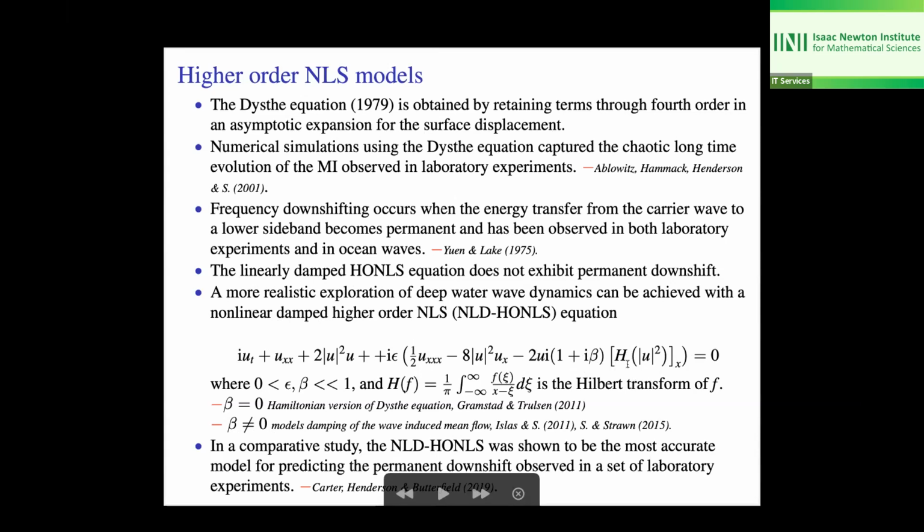And the important takeaway was that from the numerical experiments, we were able to show that nonlinear damping does allow for frequency downshifting. And in later studies, in a comparative study, the nonlinear damped higher order NLS was shown to be the most accurate model for predicting the permanent downshift observed in a set of laboratory experiments.